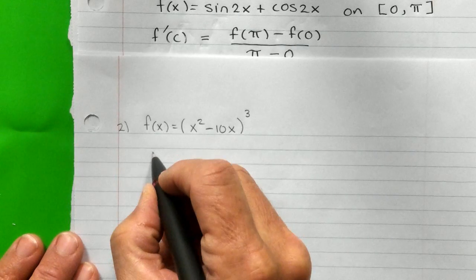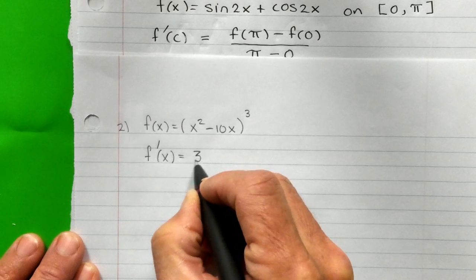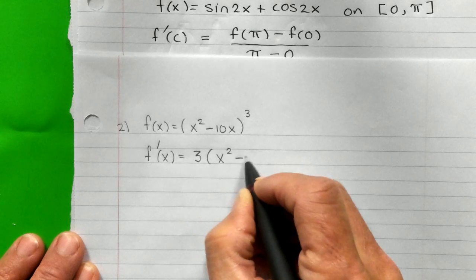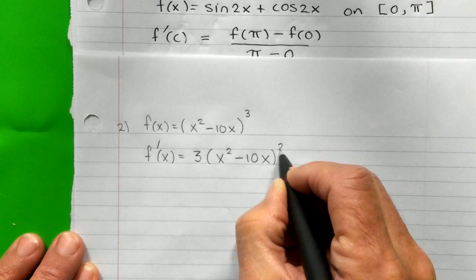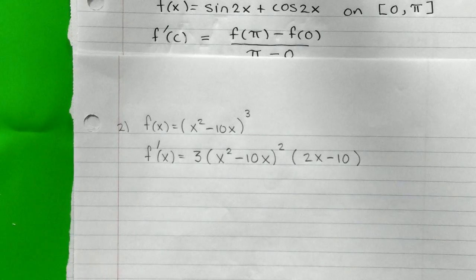I'm going to catch up with you. So we're keeping it factored, right? Which means I'm going to take the x squared minus 10x now in the next step and factor that as x times x minus 10.